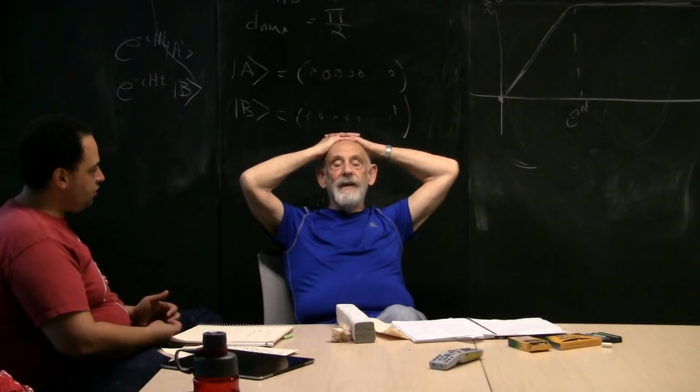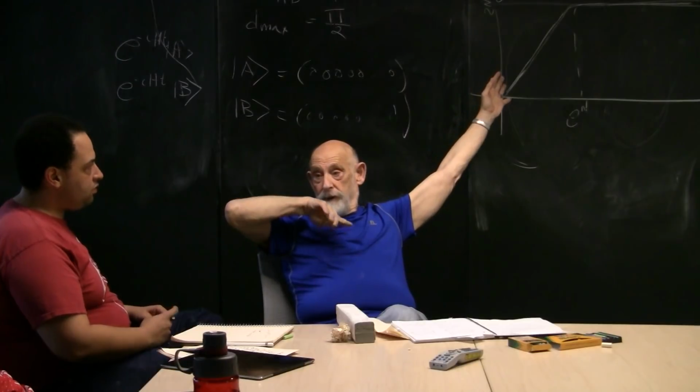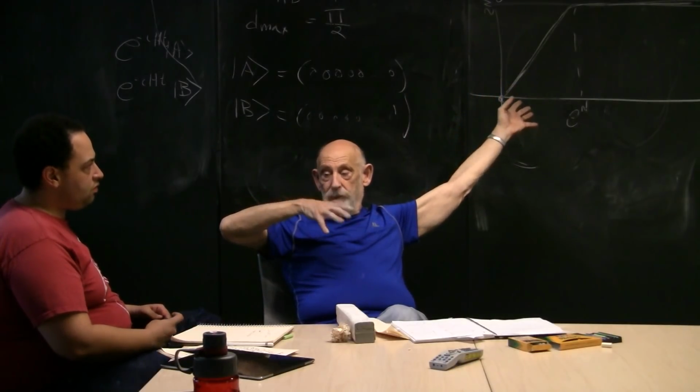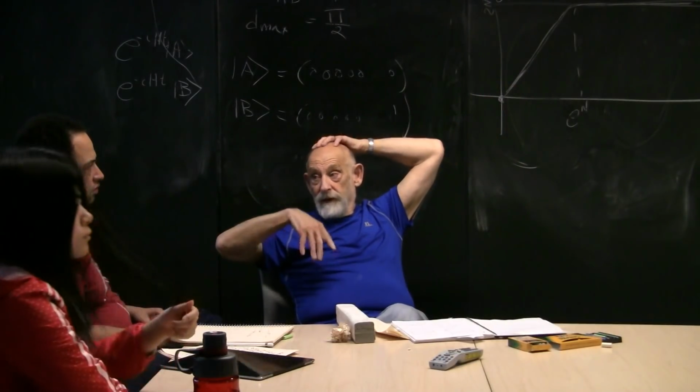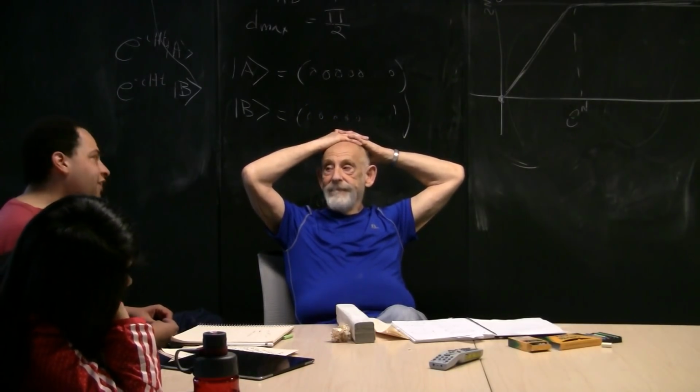Just the very, very complicated nature of this space. This complexity space is a horrendously complicated thing. All you need is 2 to the n experimenters and 2 to the n labs.